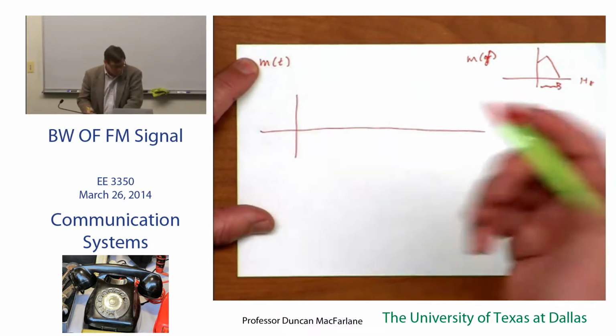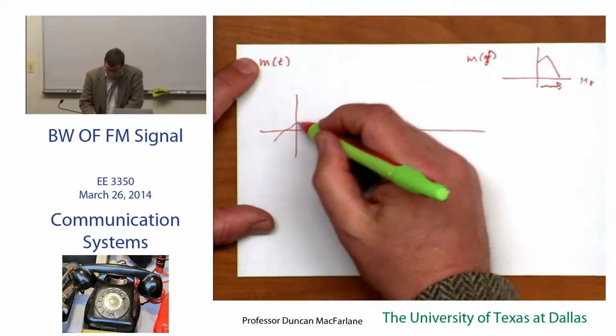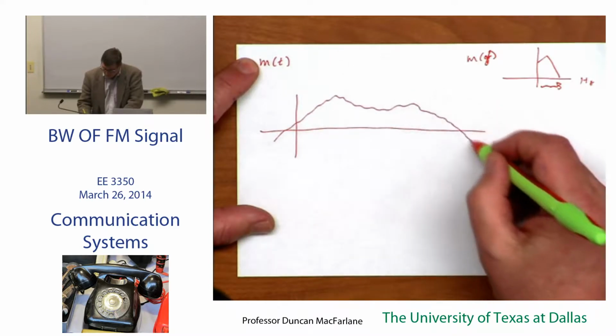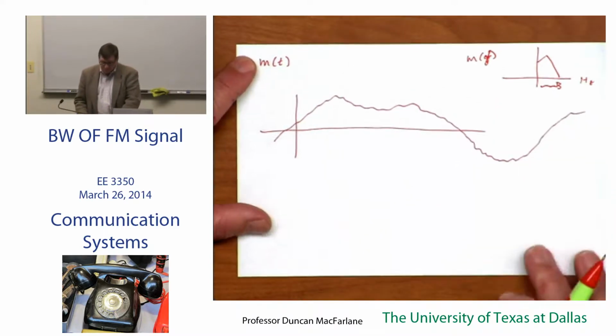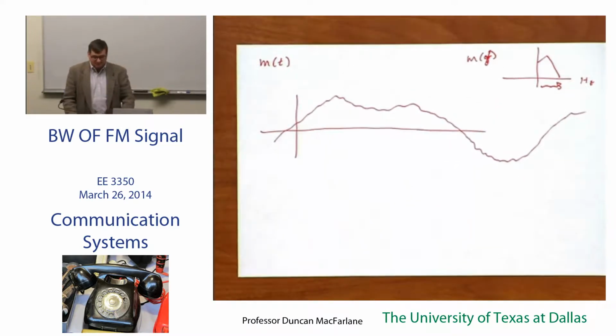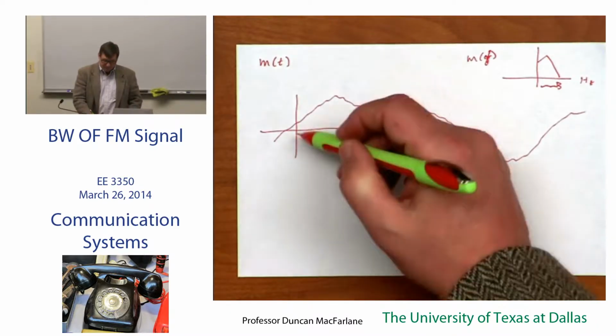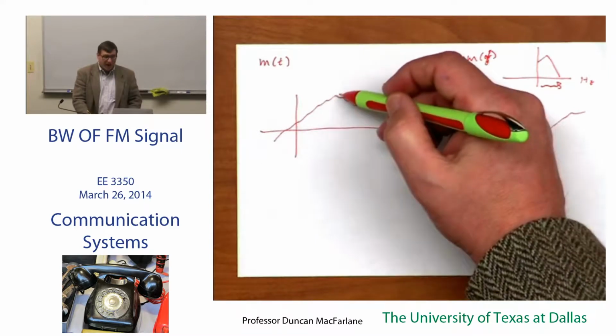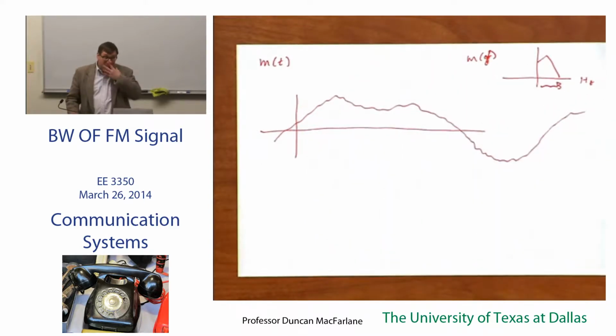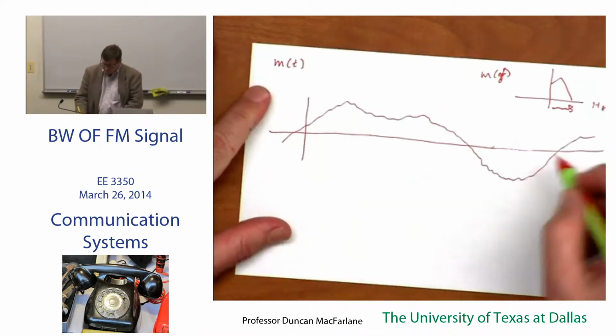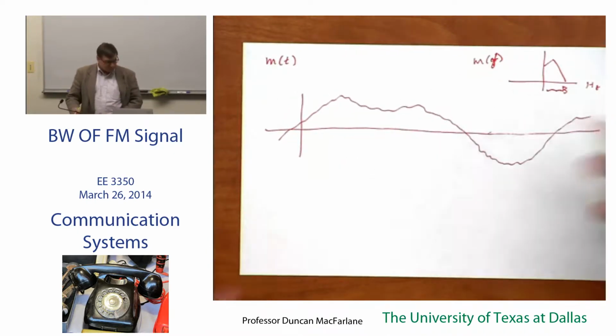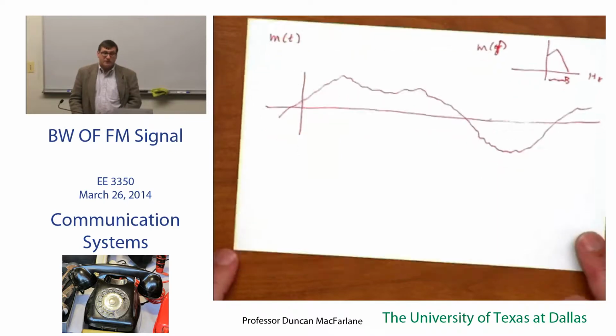It's a random signal. But I'll have some kind of sketch that looks like that. Your voice goes higher, then lower, and so on, and sketches out. And in this case, I'm going to have it so that it goes both negative and positive.